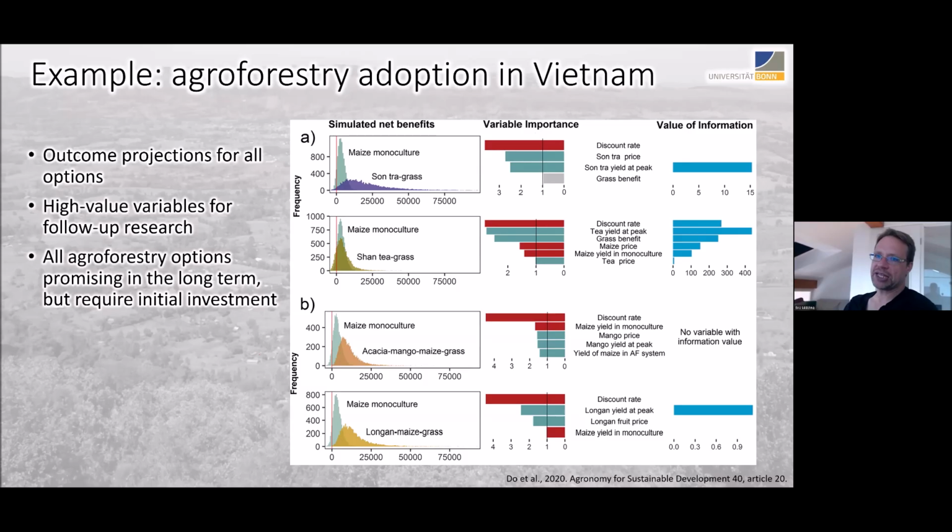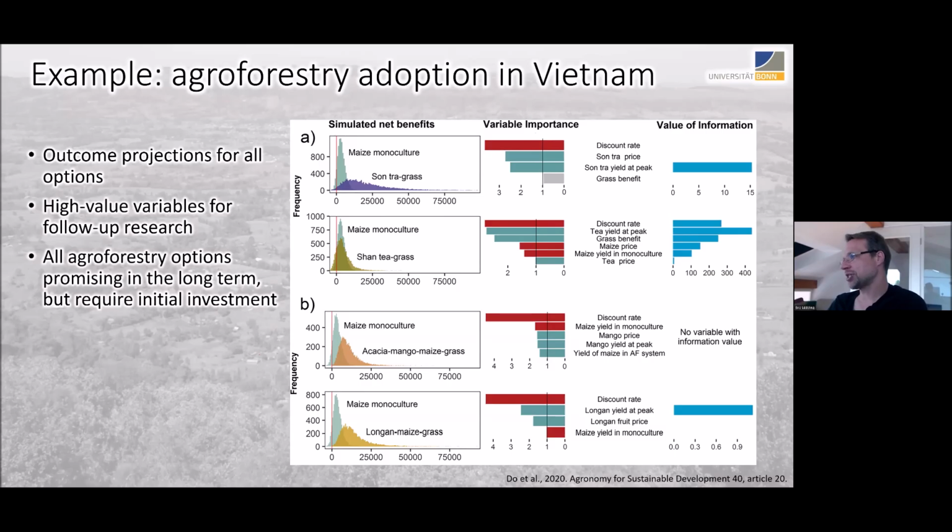And in this particular case, it turns out that all agroforestry options were quite promising in the long term, but they do require quite a bit of initial investment. And so this was actually the major bottleneck that you identified. You can see this especially in the middle graph here, there's always this very long bar for the so-called discount rate.